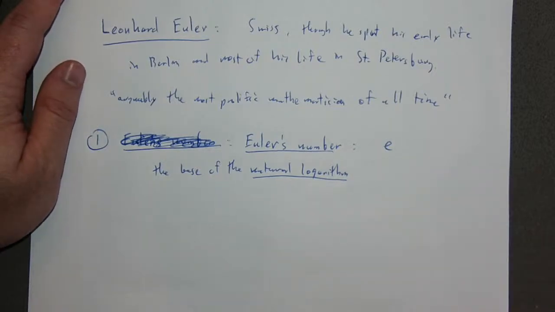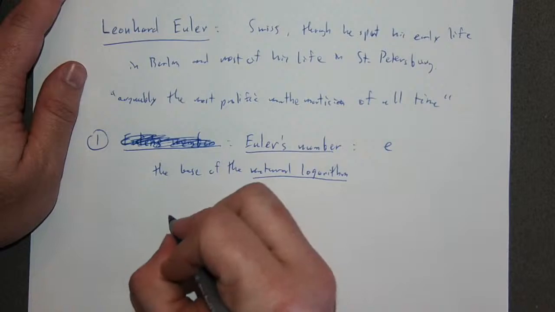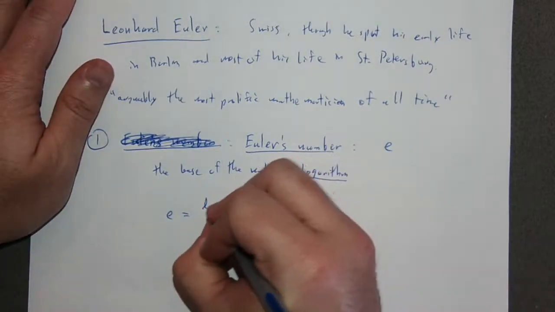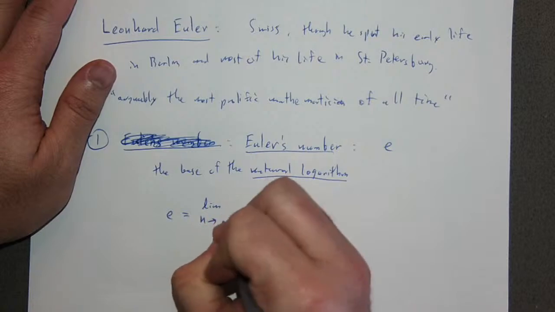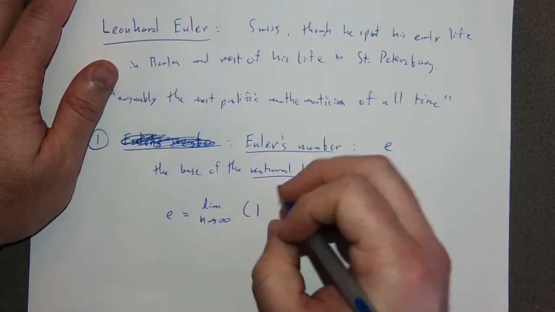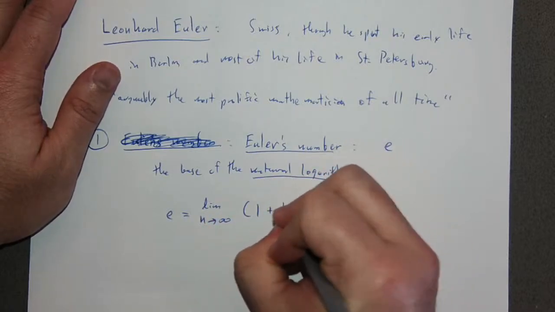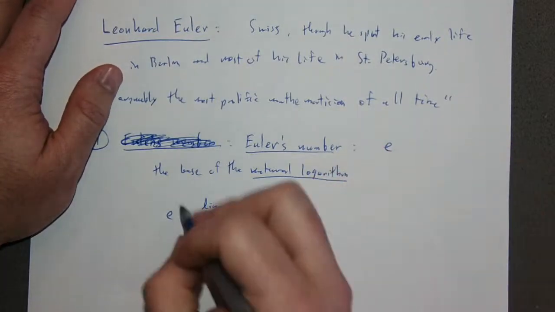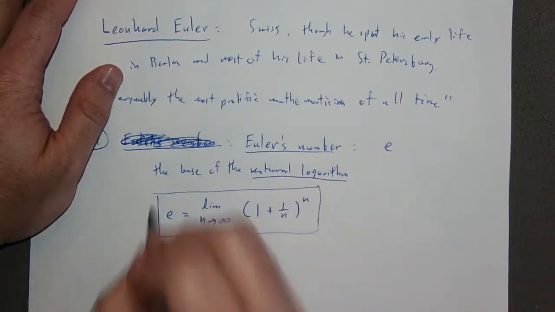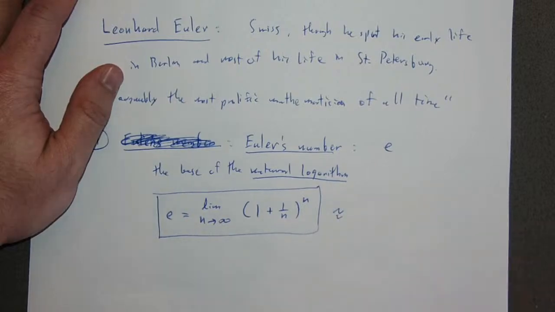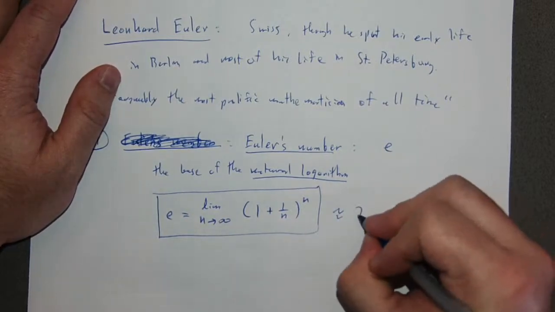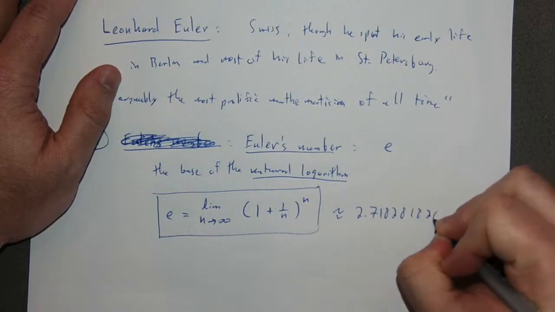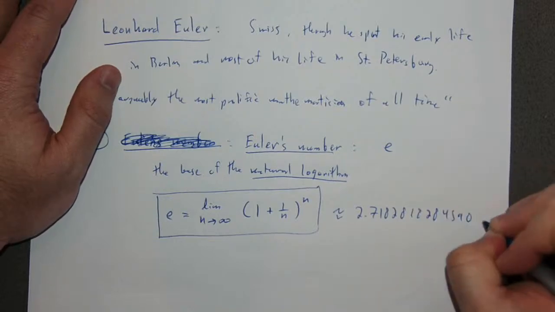How is e defined? There's a number of ways that you can define e, but e is defined as the limit as n goes to infinity of (1 + 1/n)^n, which, if you compute this, is approximately 2.7182818284590, and so on.